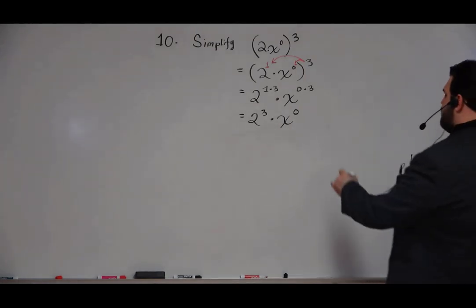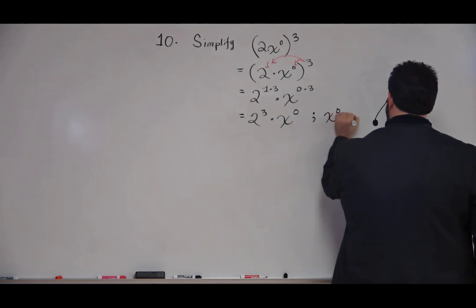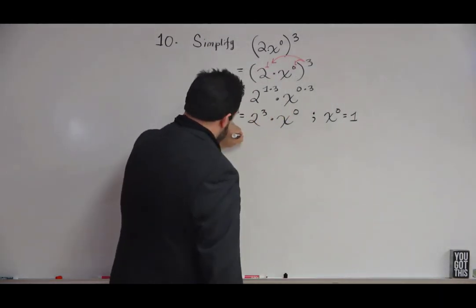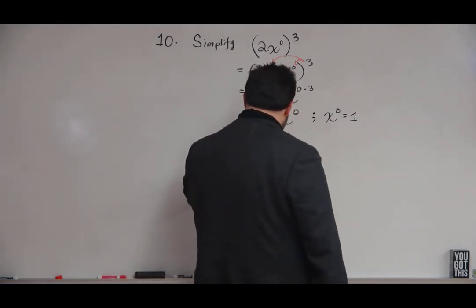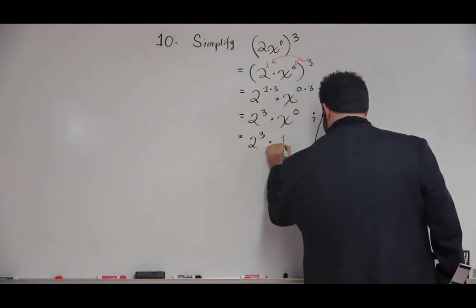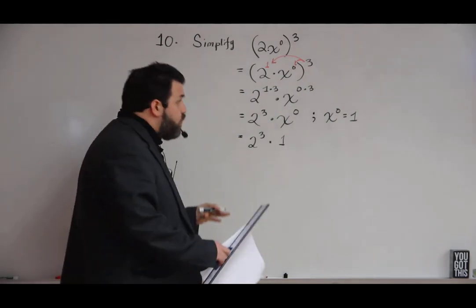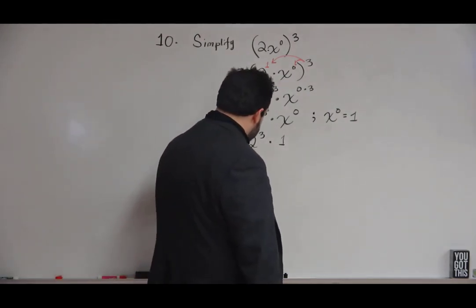Well, we remember that in this problem, the hero is going to be that 0 exponent rule, since that just means 1. So we need to do a new line and write 2 raised to the power of 3 times 1. Well, 2 to the 3rd power, or 2 cubed, times 1 is just 2 cubed.